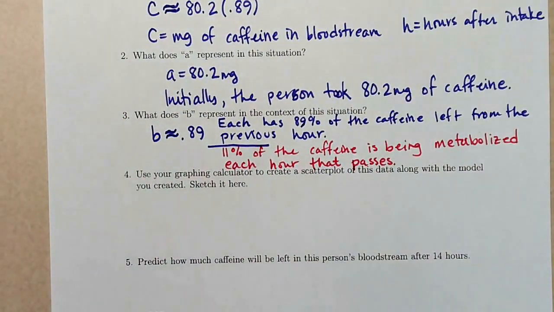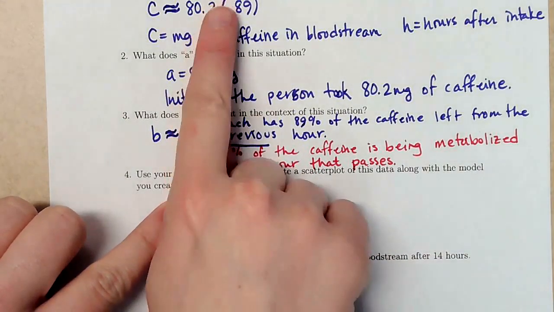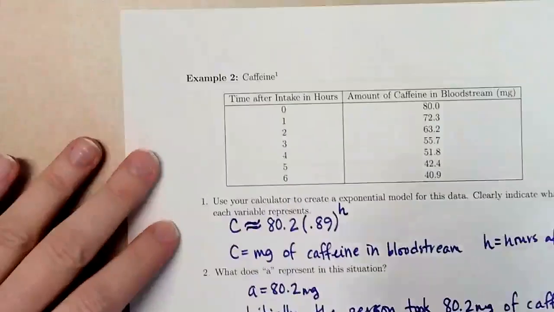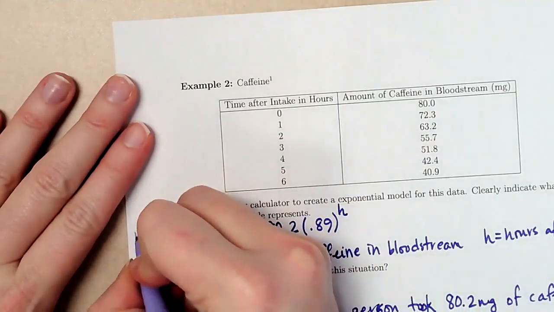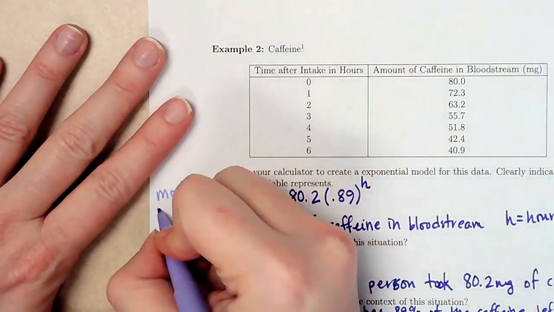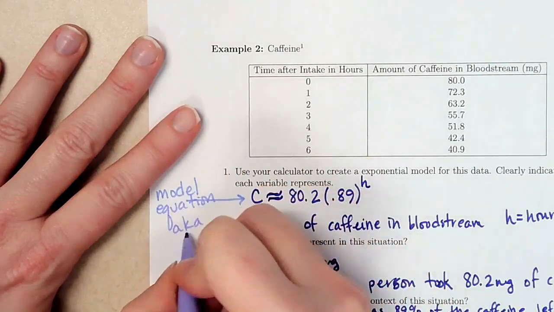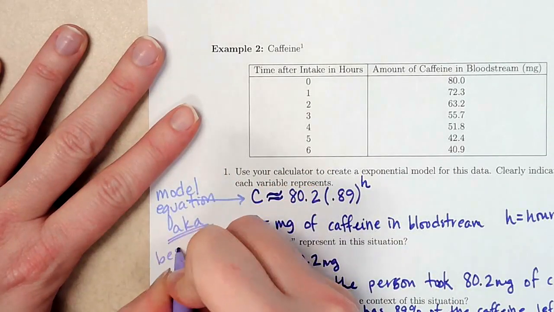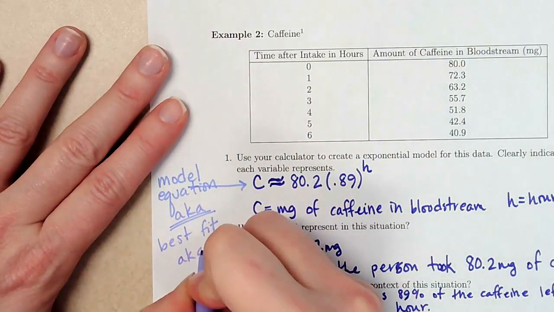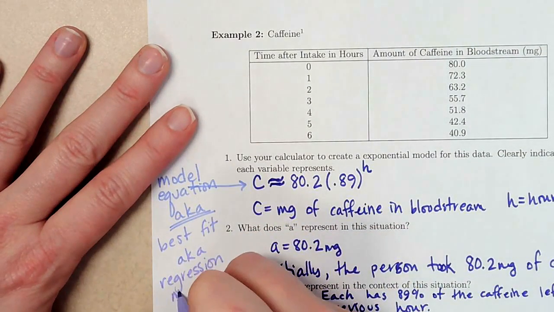Okay, use your graphing calculator to make a scatter plot of the data along with your model. So this, by the way, is the model equation, aka best fit, aka regression model.